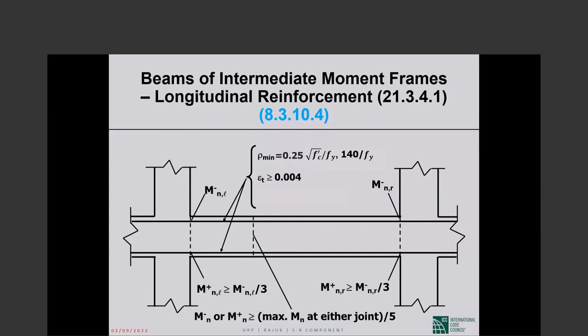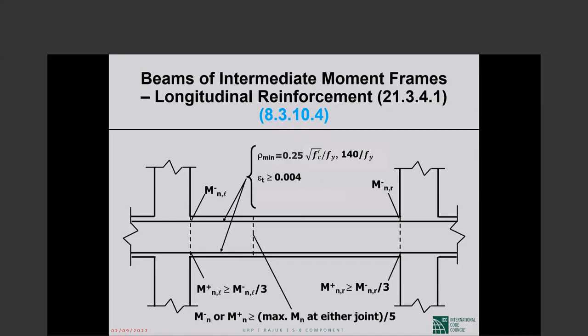So two continuous bars, top and bottom, remain. The minimum is the same as for special moment frames, but the maximum has gone back to non-seismic construction. It's not 2.5% anymore. All we are saying is net tensile strain shall not be any smaller than 0.004.